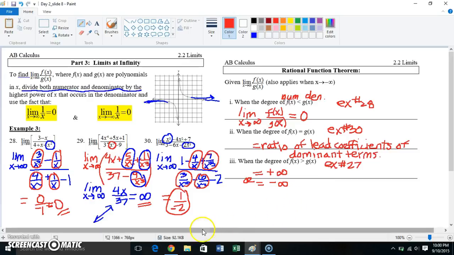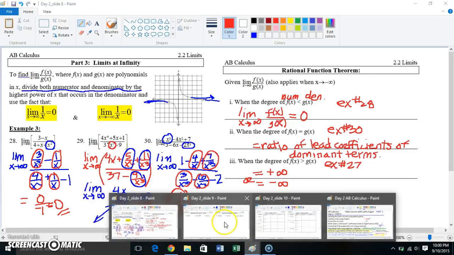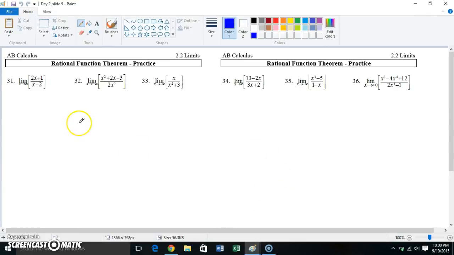Okay, moving along. See if we can get through one more slide. We're just practicing limits at infinity. For every one of these, we want to let x get really, really big. Let's see if we can apply the rules or generalizations from the previous page. The degree of the numerator is 1, the degree of the denominator is 1.